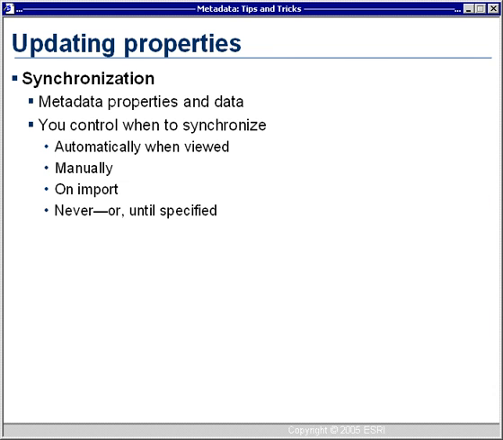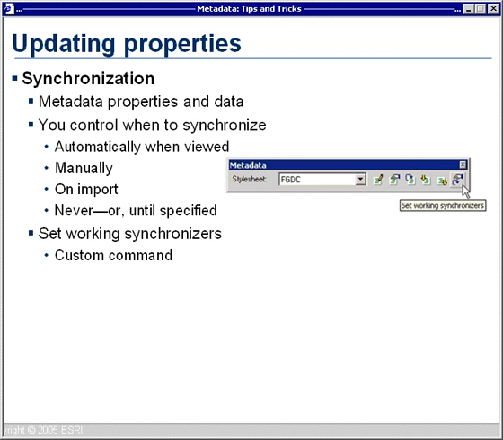Or you can even choose to turn updates off completely. And even manually updating will not override synchronization once you've turned it completely off. To control updating, you'd use the Customize dialog to add the Set Working Synchronizers button to the metadata toolbar.